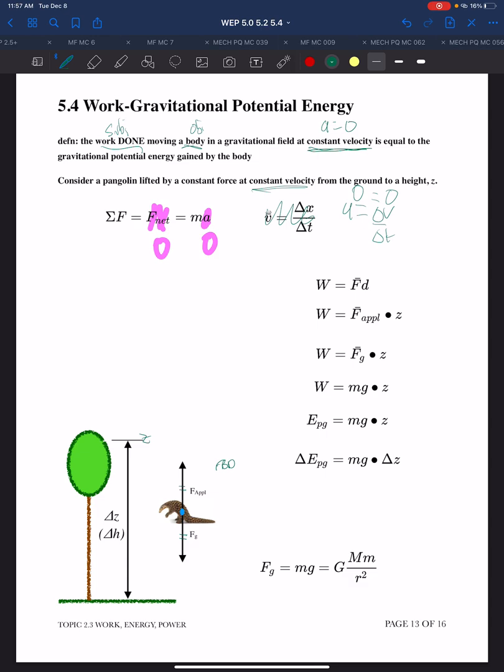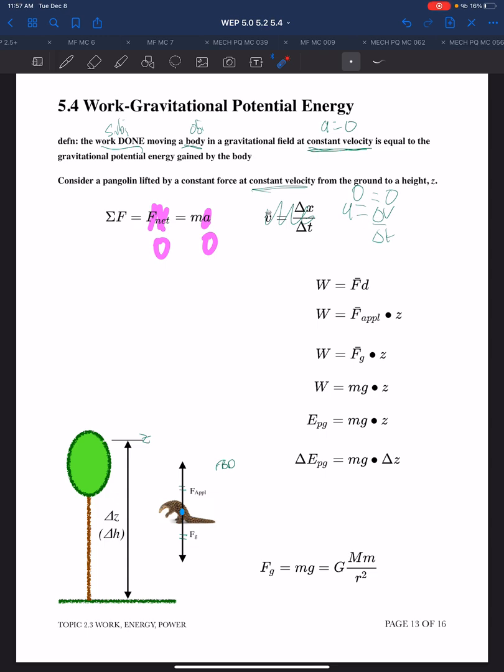They must cancel. Because the acceleration is 0, constant velocity, no change in velocity, and if the acceleration is 0, the net force must be 0. That means when I sum the forces, add them up, they must add up to 0. So applied force positive, the weight, the force of gravity downward, must be equal and opposite.